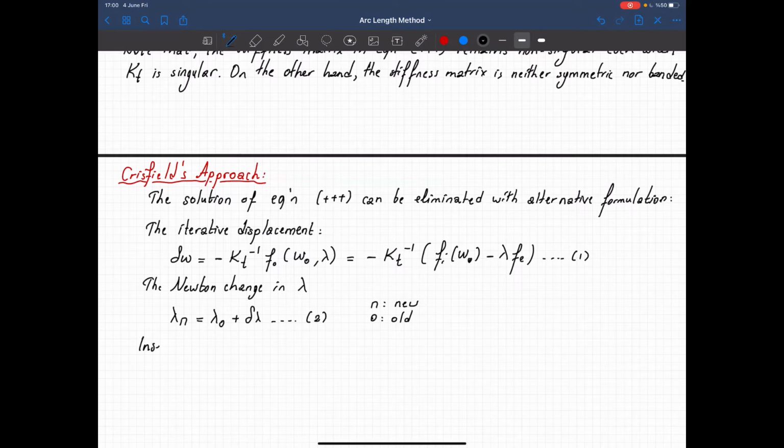Now inserting 2 into 1, we have the following. So that the iterative displacement is equal to minus inverse of the tangent stiffness matrix multiplied by the internal force minus old lambda multiplied by Fe minus iterative displacement in lambda multiplied by Fe. So this should be old as well.